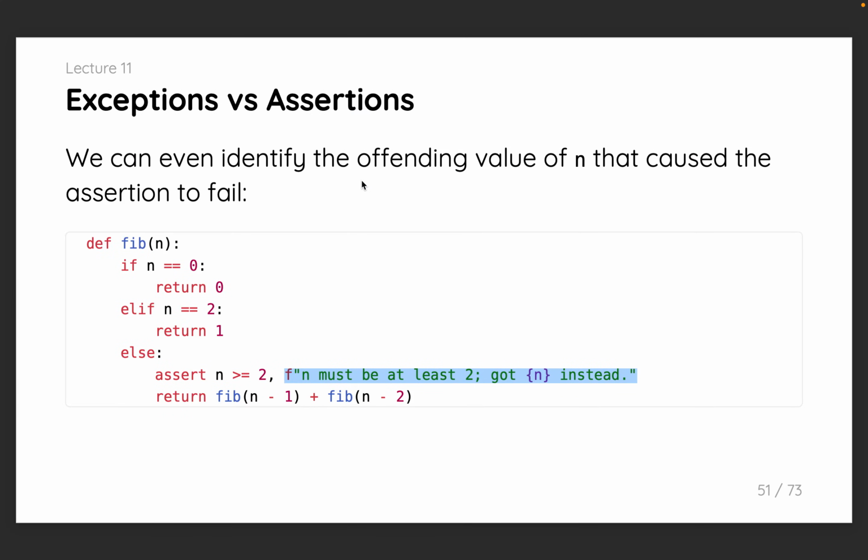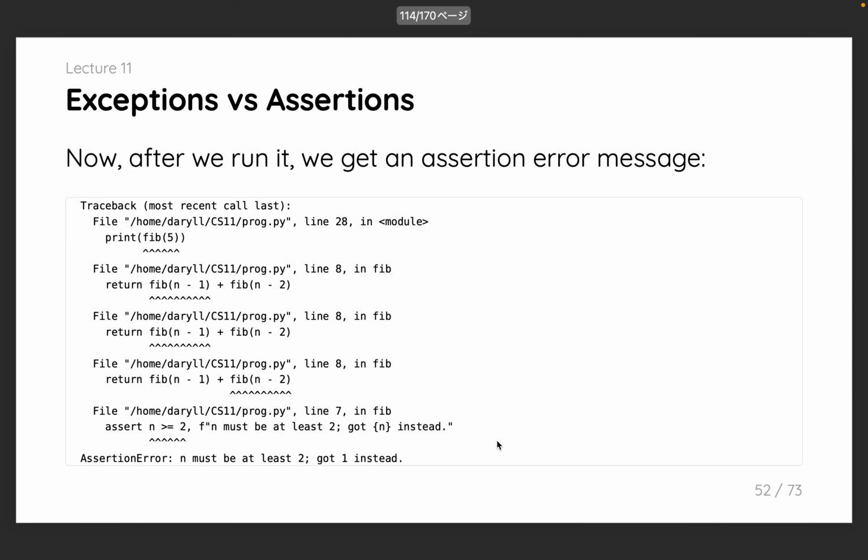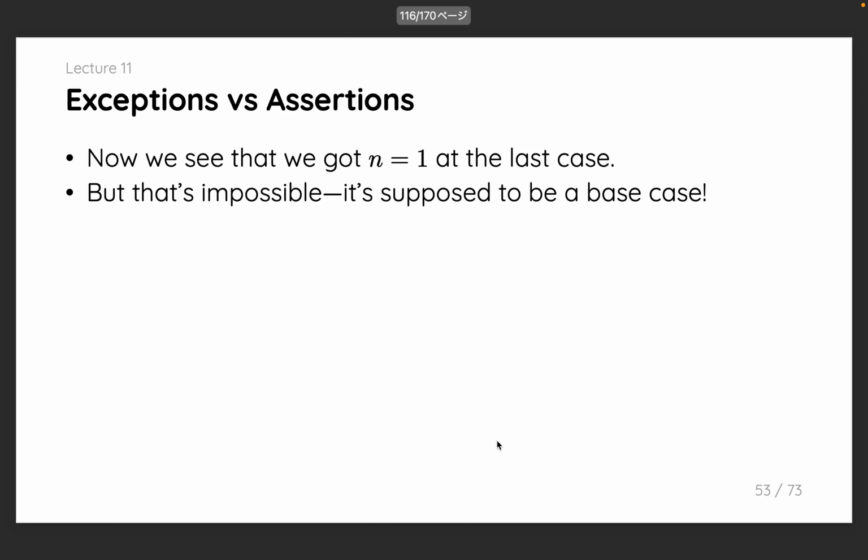Okay, so once you see that it's becoming 1, that's when you can probably start to realize that, yeah, you got n is equal to 1, but that's supposed to be a base case.